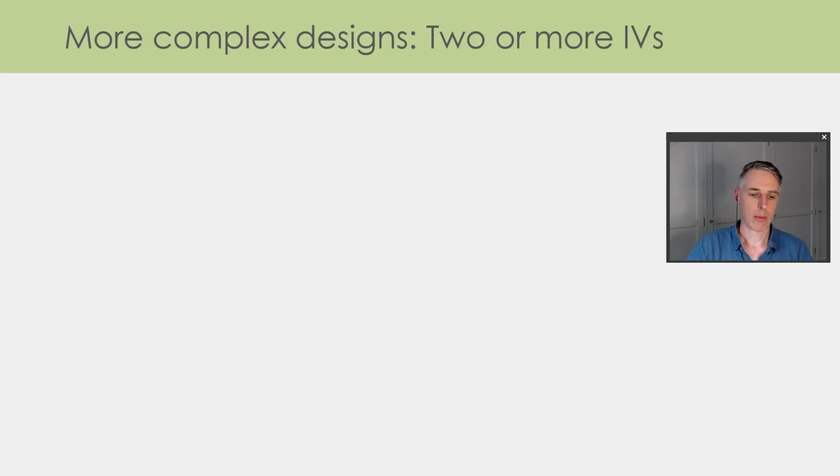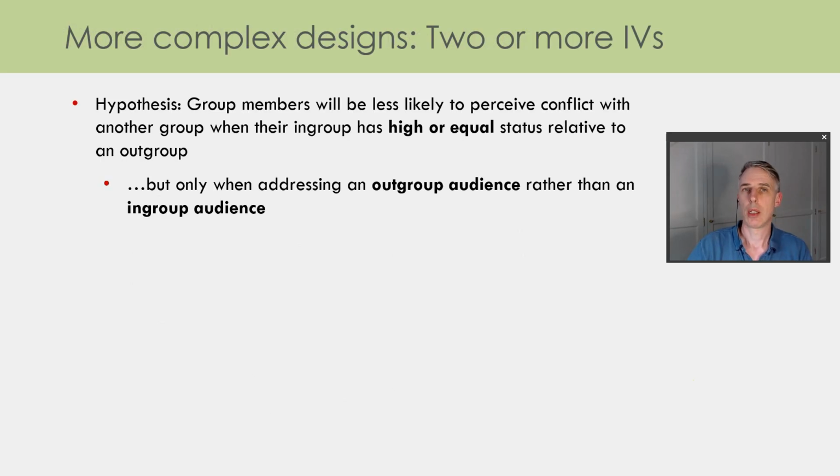So sticking with two-way designs, but again adding another little layer of complexity on top of it. Let's go back to that hypothesis that we had, that group members will be less likely to perceive conflict with another group when their own group has high or equal status relative to an outgroup. So that implied 3 rather than 2 levels of in-group status.